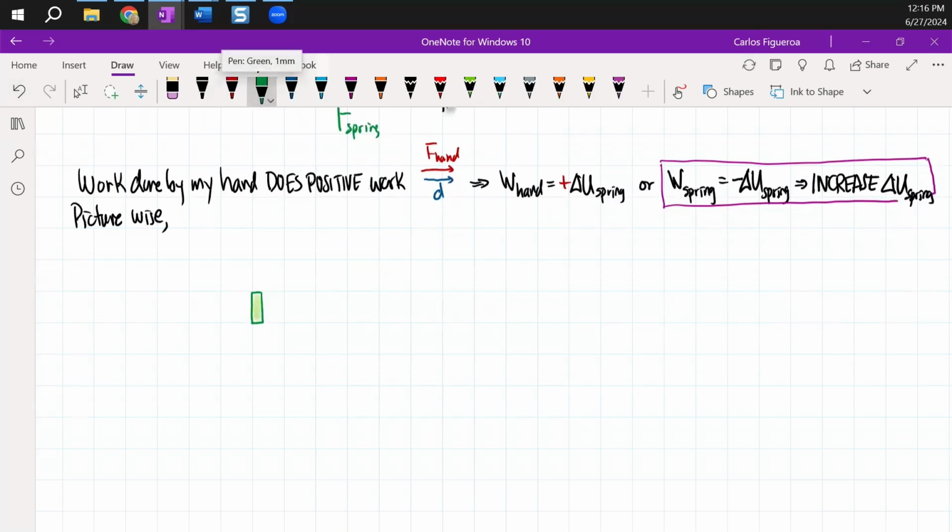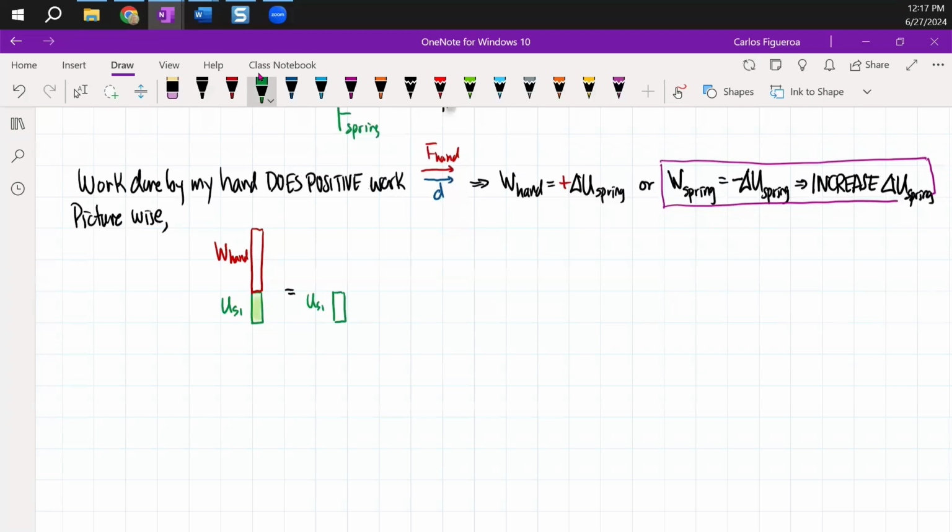Okay, so this right here is my initial spring energy. Now I'm going to do work. As I do work, I'm going to do this amount of work, and this is going to be the work done by my hand. Now remember, this thing is equal and opposite to the electric force, the work done by the electric force. Now this guy here, what ends up happening is that the work does not disappear.